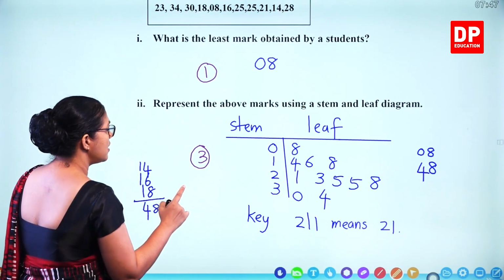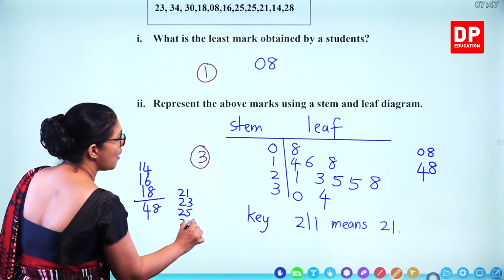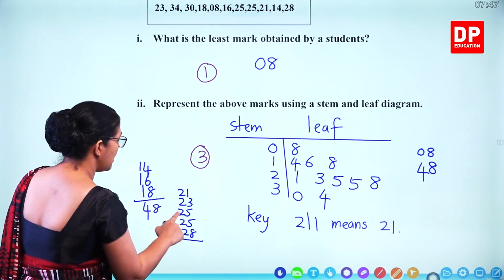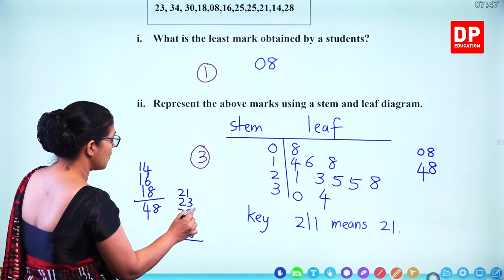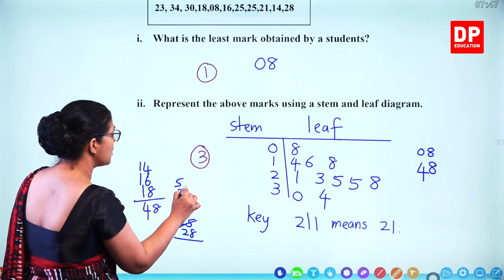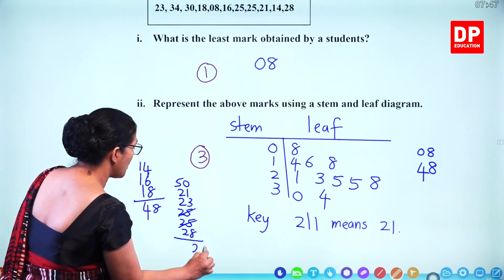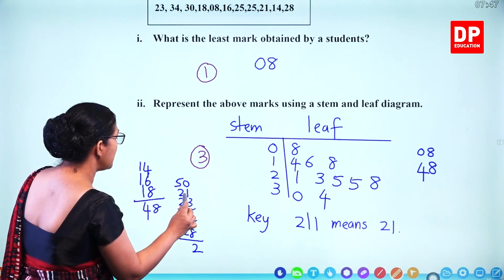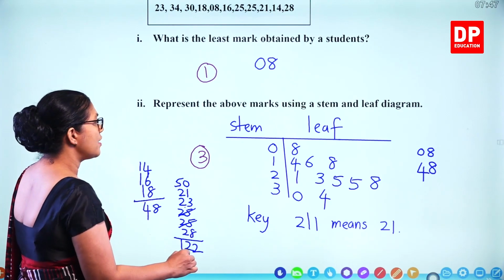Then add 21, 23, 25, 25 and 28. 25, 25 is 50. So we'll take 50 instead of 25. Now add it. 8 and 1, 9, 9 plus 3, 12, 1 remaining, 6, 7, 8, 9, 10, 11, 12. 122.